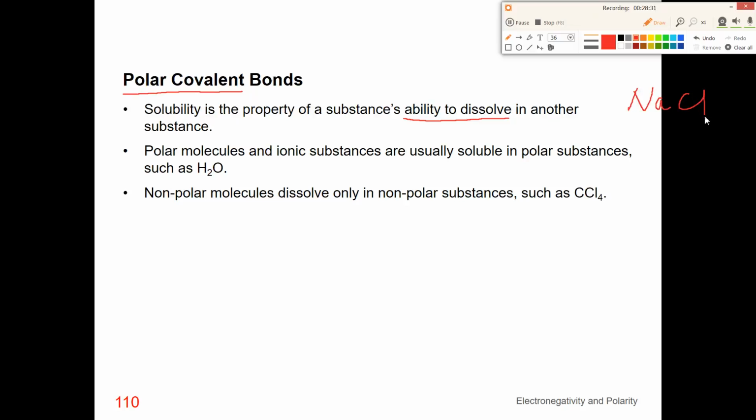You dissolve sodium chloride in water, right? So this is solubility, how well sodium chloride dissolves in water, or you can dissolve carbon dioxide in water. Soda pop is basically carbon dioxide dissolved in water. So this is solubility.